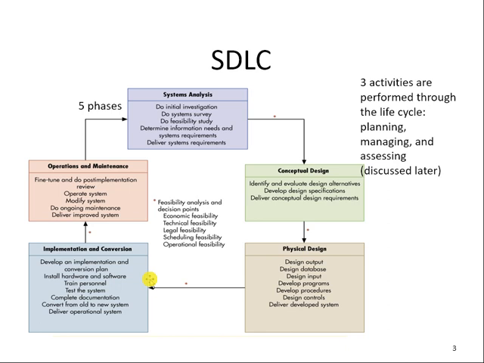New hardware or software is installed, it's tested, standards and controls are established. So this is the final step. The final step is to deliver the operational systems to the organization. And also we have a final report to send to the Information Systems Steering Committee.